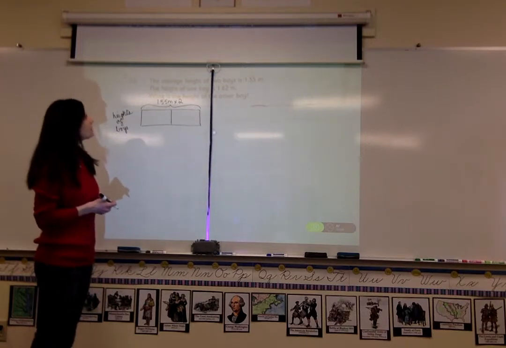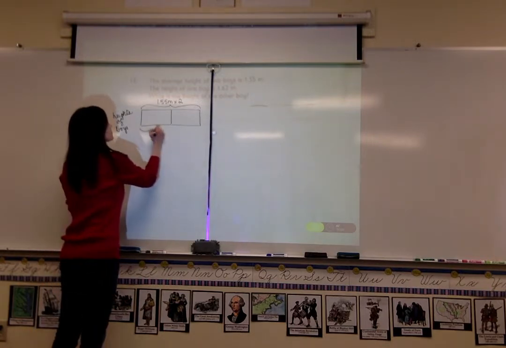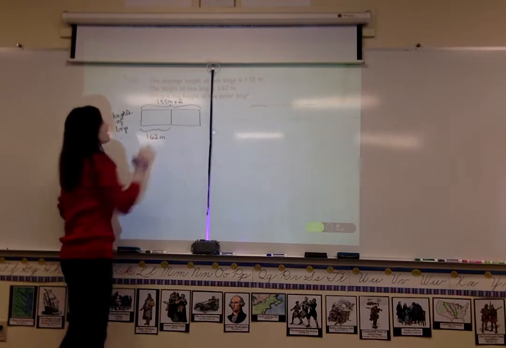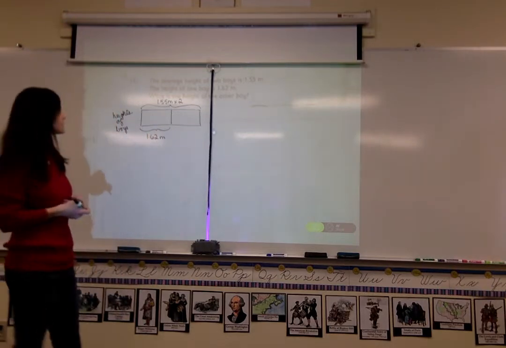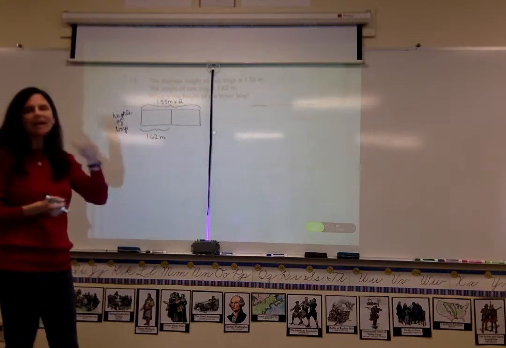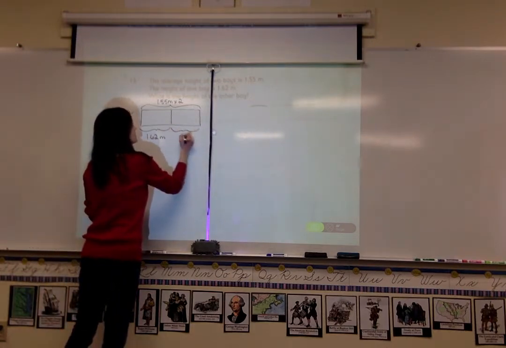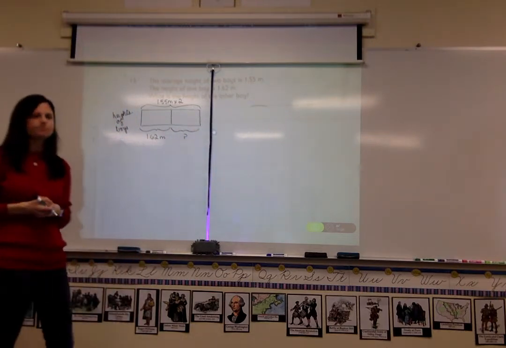All right. Now, I'm also given that the height of one boy is 1.62 meters. So let's just pick one and bracket it and fill in the value that this boy is 1.62 meters. And what I'm being asked to find is the height of the other boy. So this other unit is what I'm being asked to find.